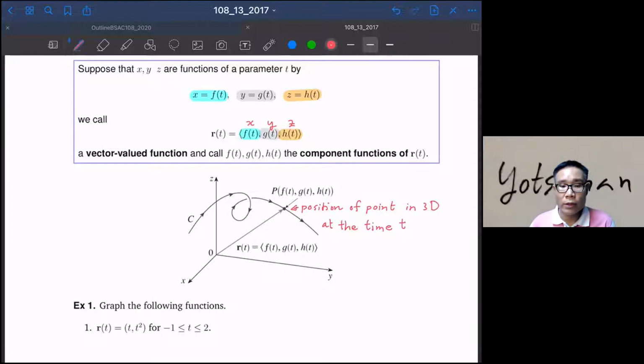So this is given by the vector f(t), g(t), and h(t).